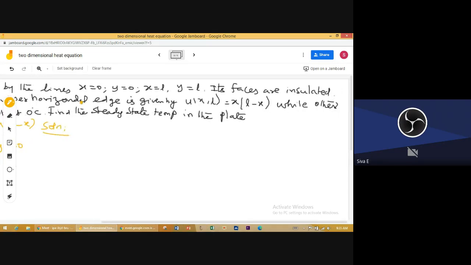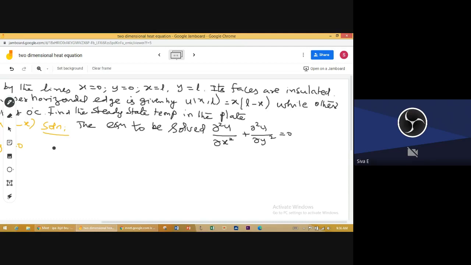So you can write the solution here. What is the equation to be solved? The equation to be solved: ∂²u/∂x² + ∂²u/∂y² = 0.